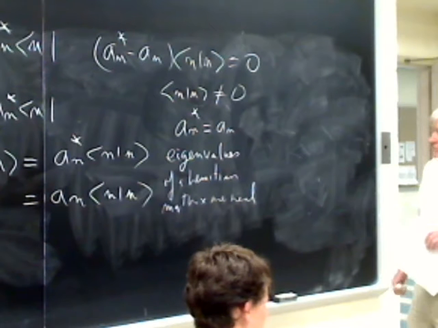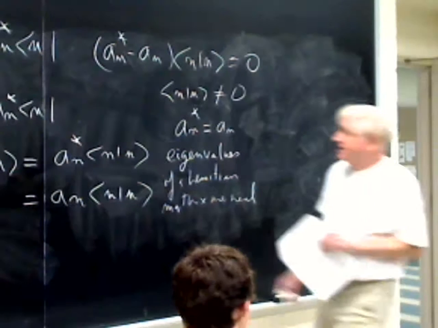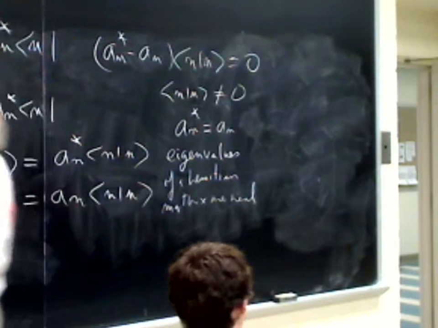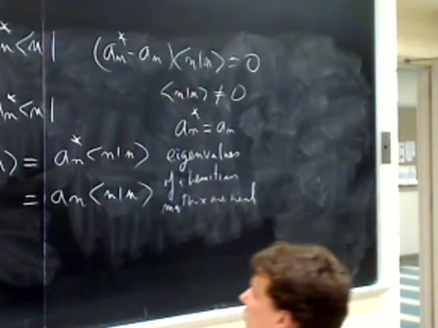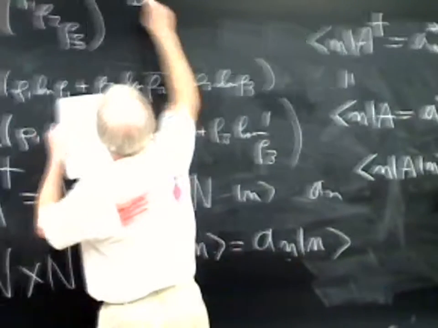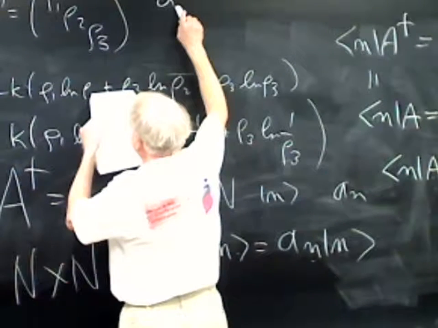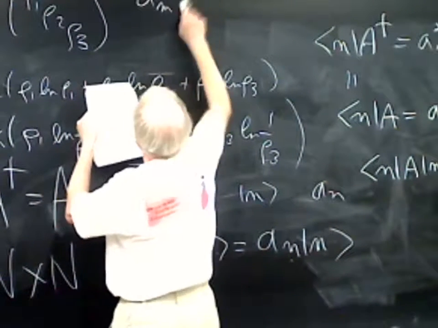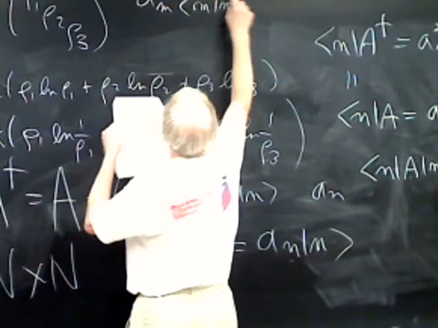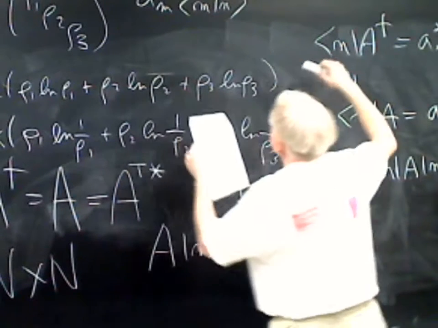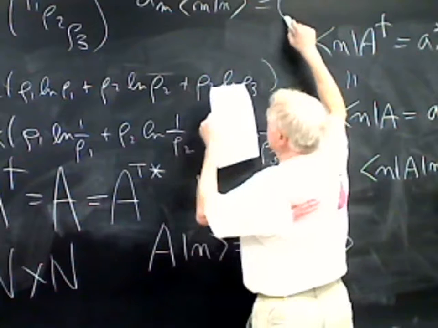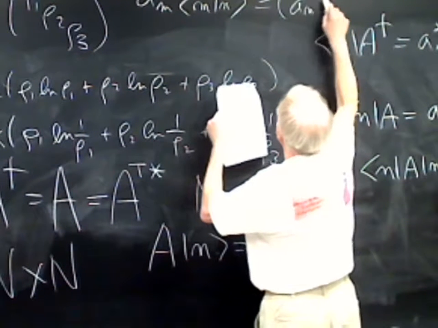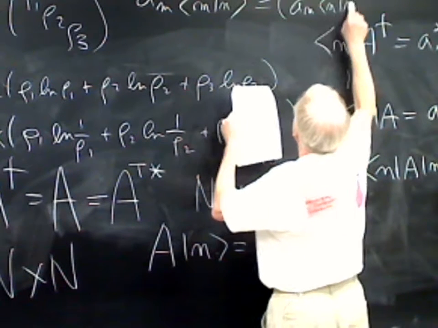All right, now, if I can reach high enough, I can use this space that's up here. Let's just take <m|A|n>. This would be sort of practice in Dirac notation. This, of course, is the complex conjugate of a_m times <m|n>.